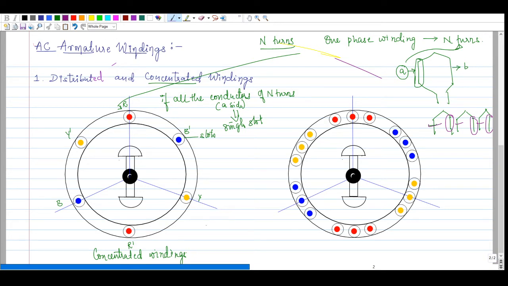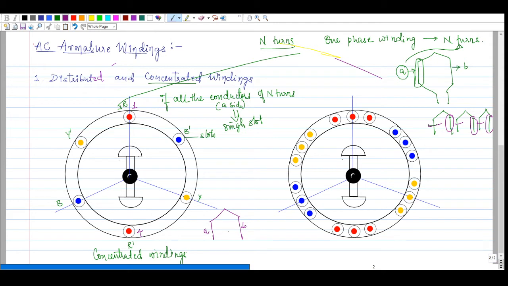Assume that the alternator has one single turn. This is your A, and it has two conductors only. The A conductor will be placed in slot number 1 and the B conductor will be placed in slot number 4.